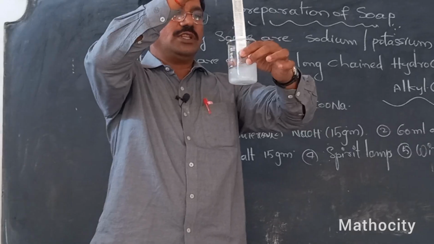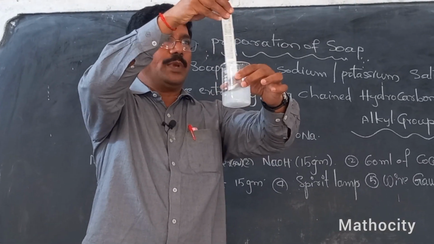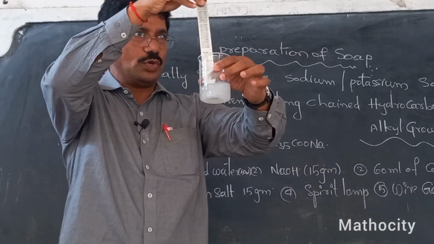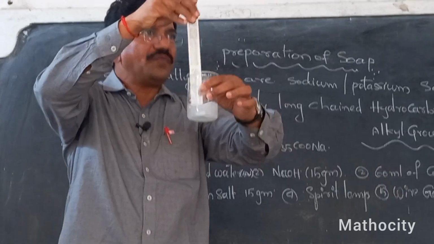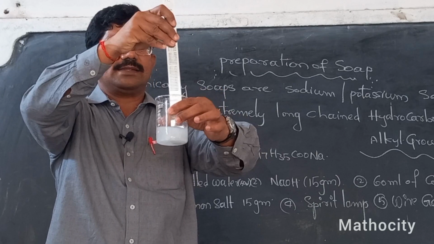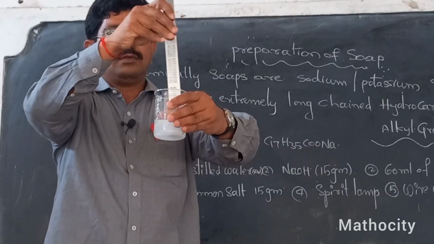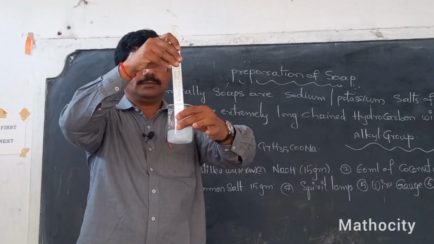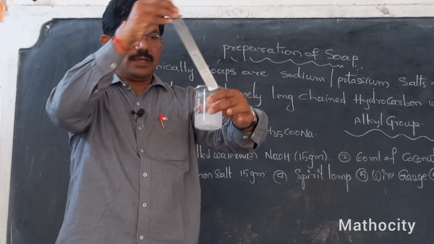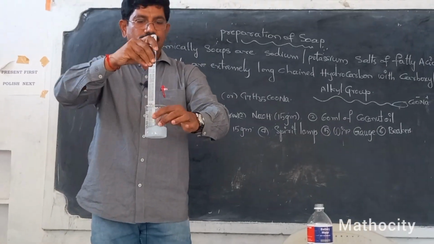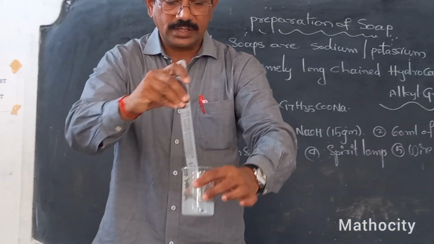Observe, I am preparing the aqueous solution of sodium hydroxide by dissolving 15 grams of pellets. Now I have prepared the sodium hydroxide aqueous solution.